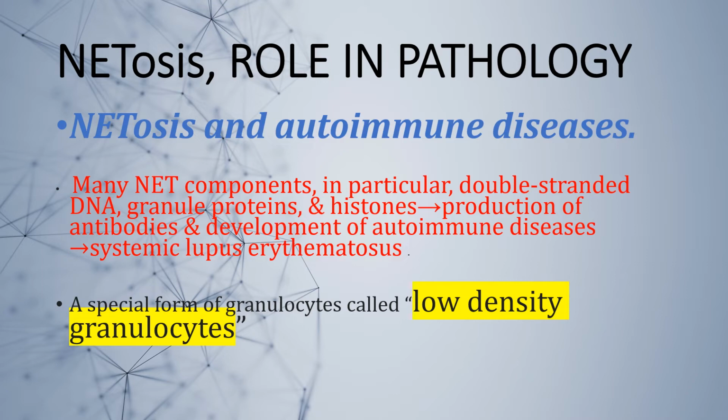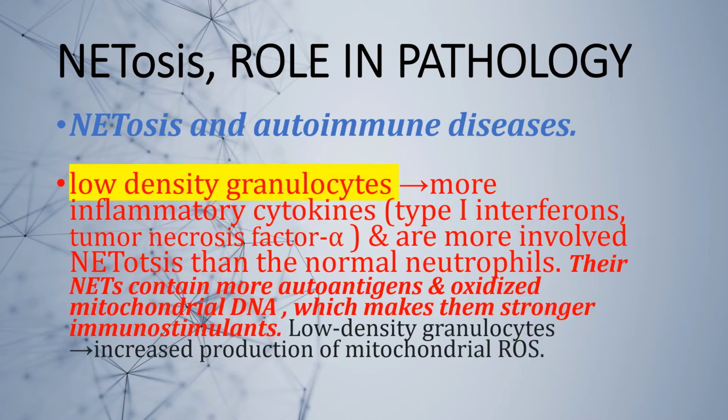They also found a special form of granulocytes called low-density granulocytes that appear in the blood during these autoimmune diseases. These low-density granulocytes are characterized by more production of inflammatory cytokines like interferons and tumor necrosis factor alpha, and they are also more involved in NETosis than normal neutrophils.